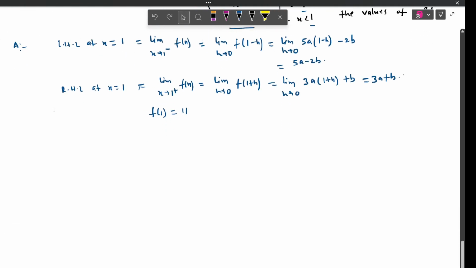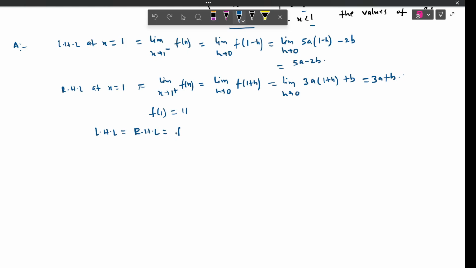So according to the question, left hand limit is equals to right hand limit is equals to value of the function. So this implies 5a minus 2b is equals to 3a plus b is equals to 11. So from here we can establish two equations, that is 5a minus 2b is equals to 11 and 3a plus b is equals to 11.